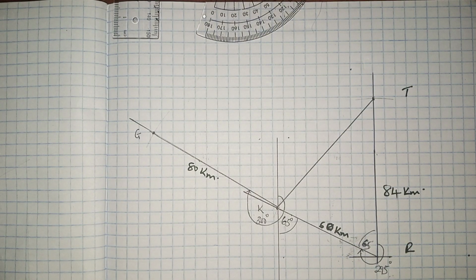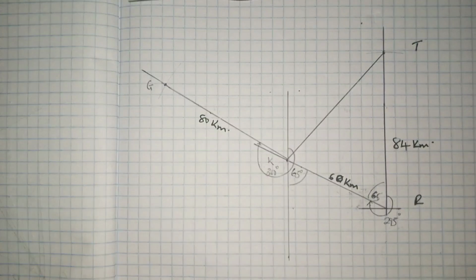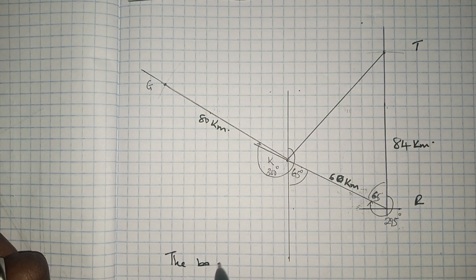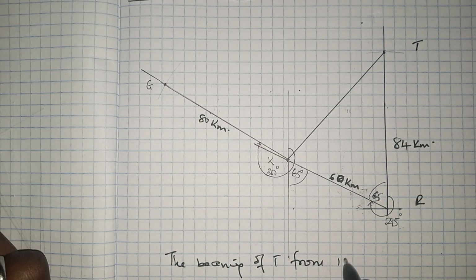So we can write our answer here. The bearing of T from K is 46 degrees.